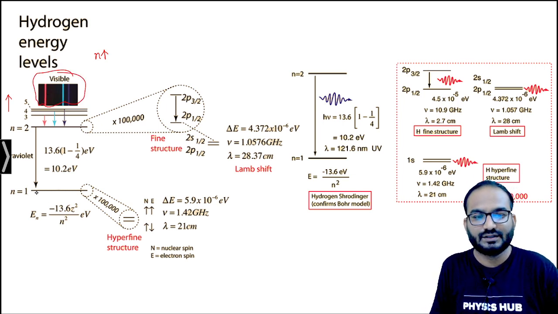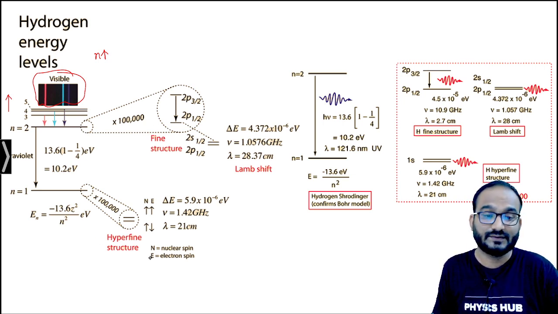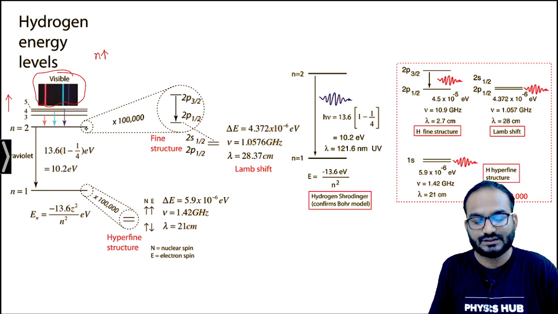Now if you zoom in, let's say 100,000 times, then you get to see finer structures, hyperfine structures. The n equals 2 level, when seen further, is composed of 2p3/2 and 2p1/2. Then this 2p1/2 is again composed of 2 lines, and you get the Lamb shift.